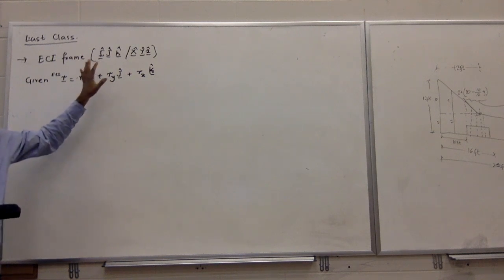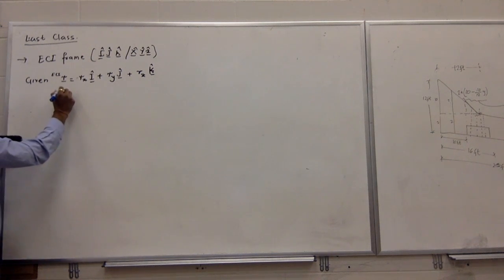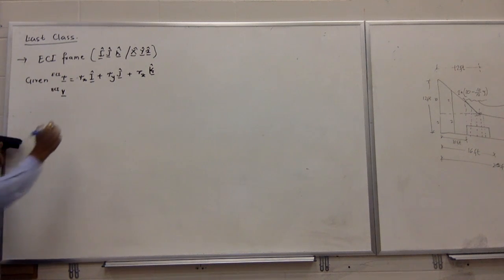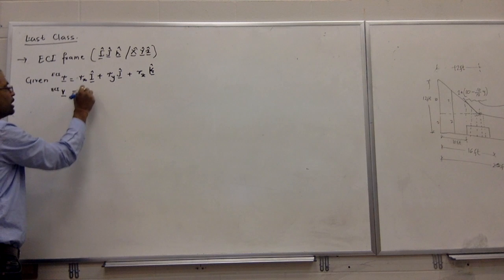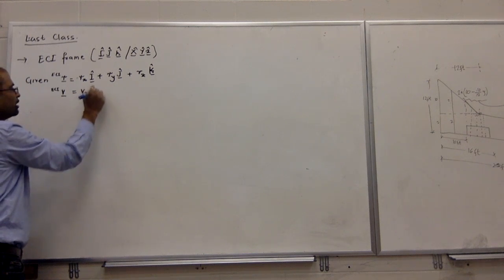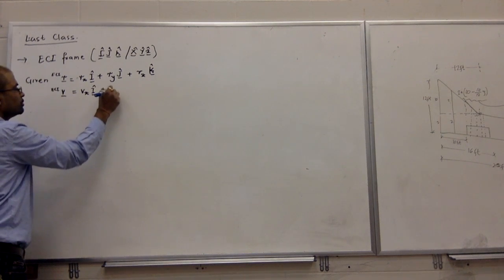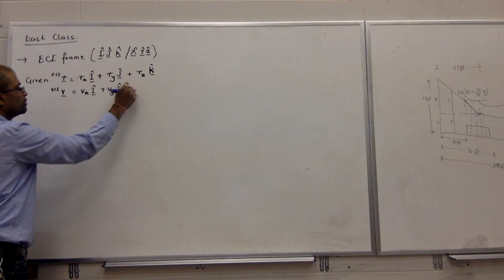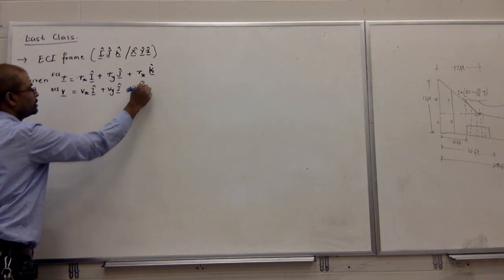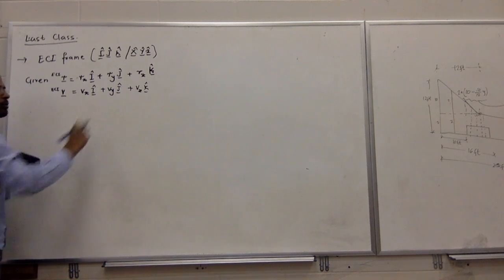Clear? Again, we had V as well, the velocity of that, so that was Vx i plus Vy j plus Vz k. Those are just the components.